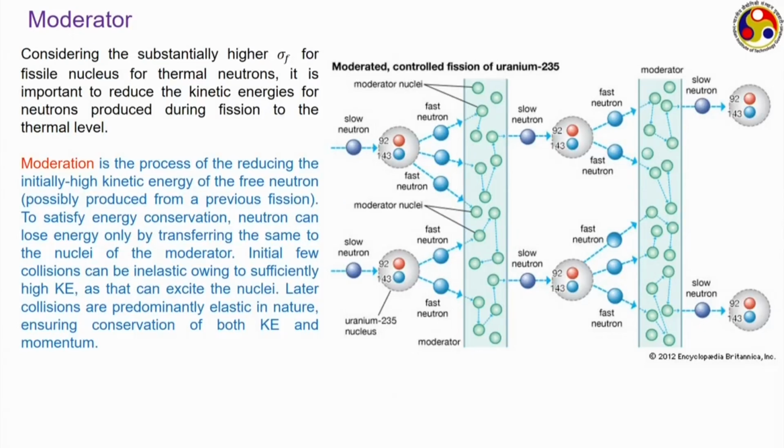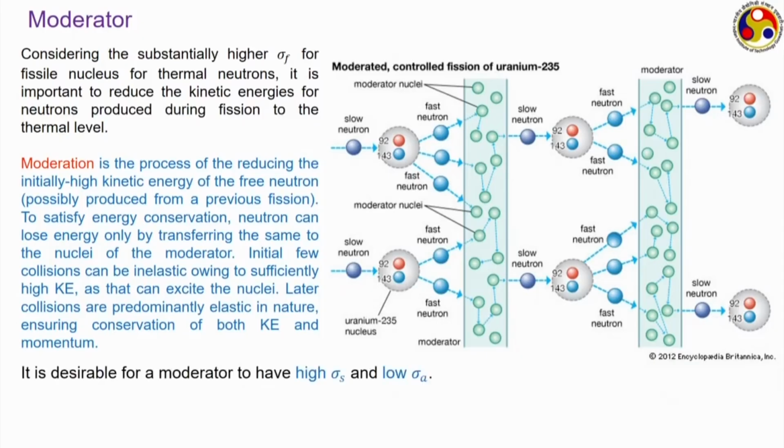Another thing, when these fast neutrons initially strike the moderator nucleus, their extremely high energy level may lead to inelastic collision, passing some amount of excitation energy to the corresponding nucleus, but after 2 or 3 such collisions, most of the next collision steps are elastic in nature.